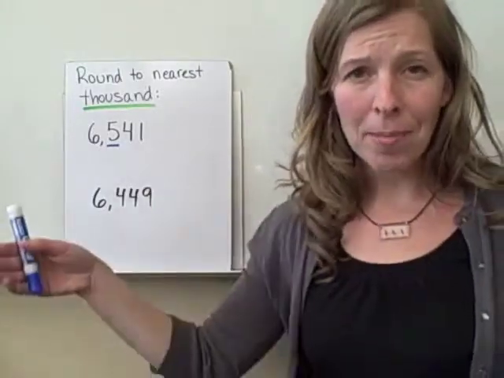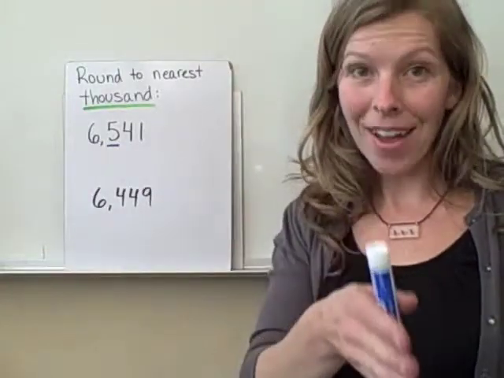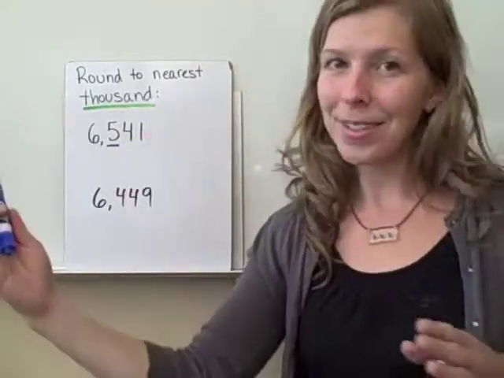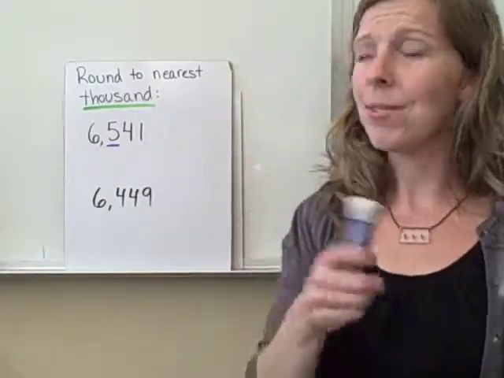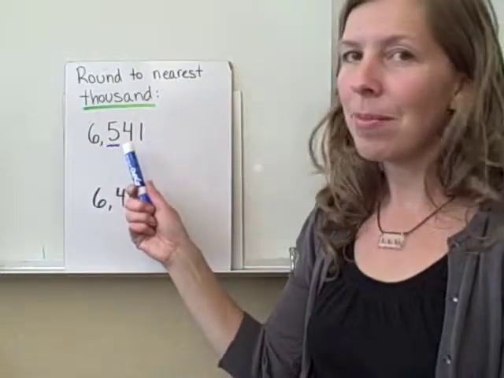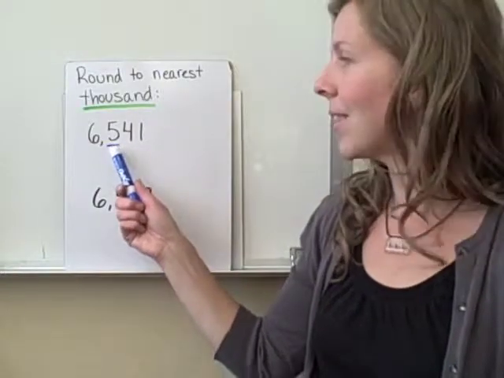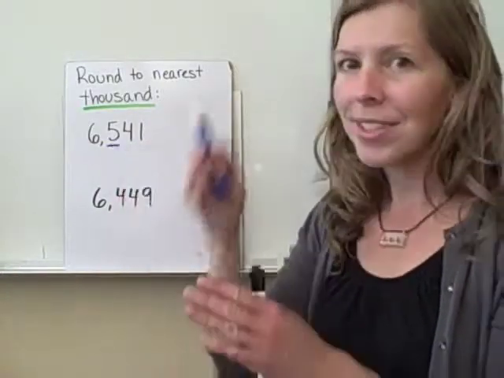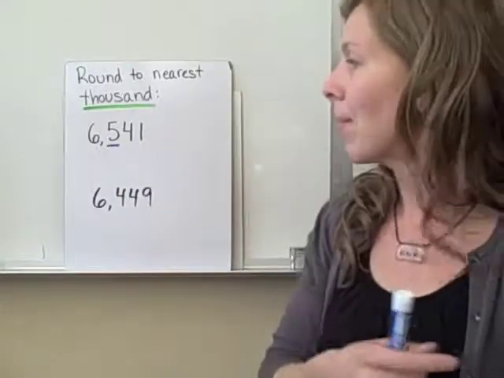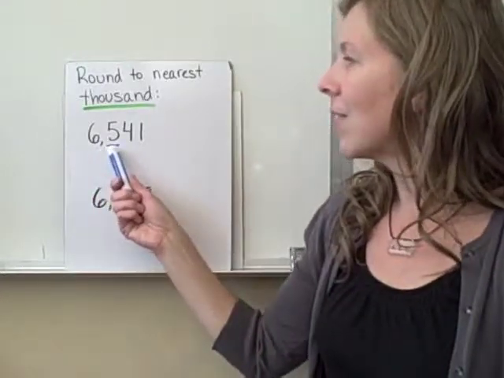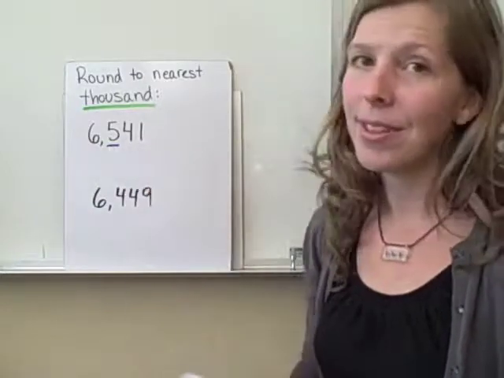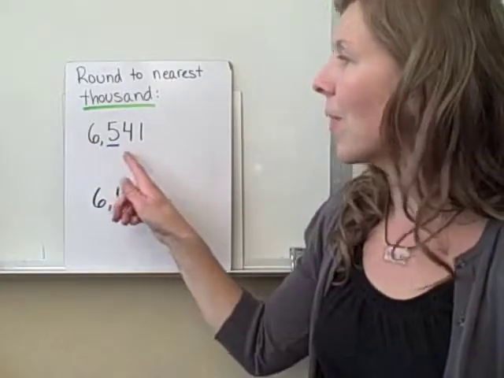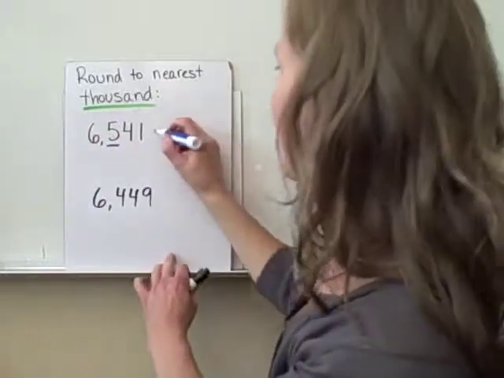Now, if you remember the number line, the 5 was in the middle, right? 6,000 was on one side, 7,000 was on the other, and 6,500 was in the middle. And you remember what mathematicians have decided? If it's 5 or if it's in the middle, you have to round up. So if it's 6,541, to round to the nearest 1,000, we're going to round up to 7,000.